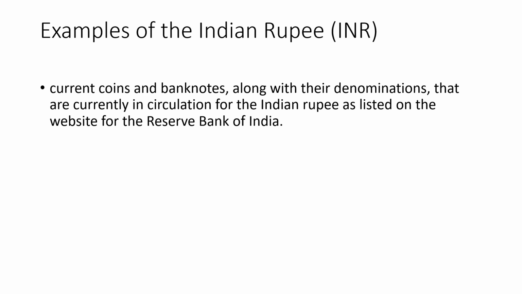Coming to examples of Indian rupee, as I have already told you, this would include the currency notes in circulation as well as coins. All these things are listed on the website of the Reserve Bank of India. So if you want an idea of the denominations used right now and used previously, you can go to the website of the Reserve Bank of India.